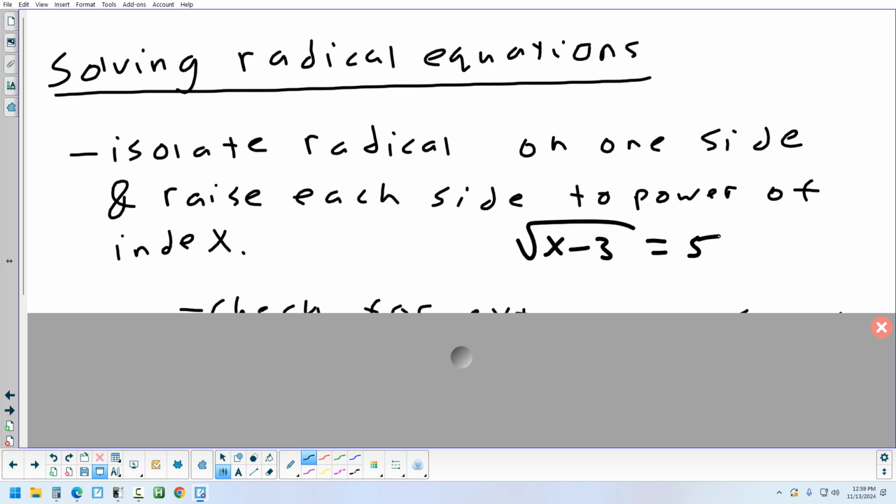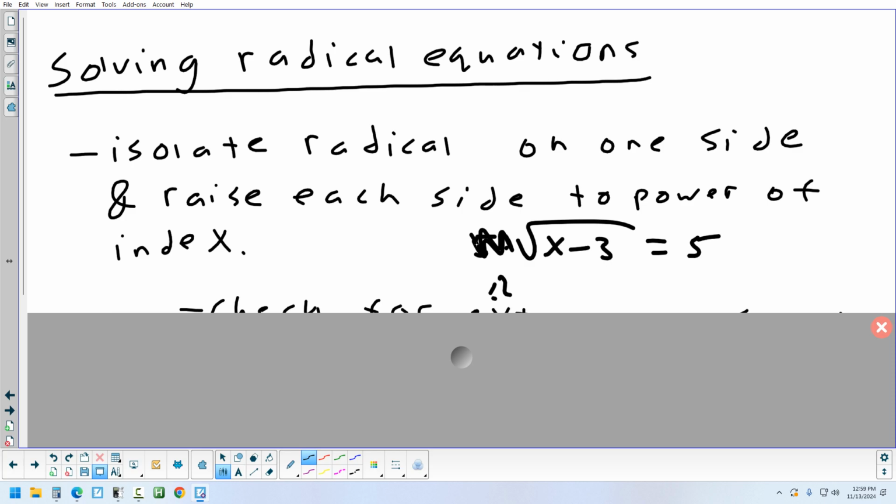The square root of x minus 3 is on the left. There's nothing else outside it. Here's an example where the radical is not alone. Now there's a times 5 on the same side. First thing we have to do is get rid of this times 5. Okay? But we're going to start out with ones where it's already by itself.